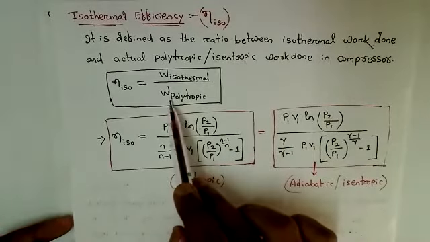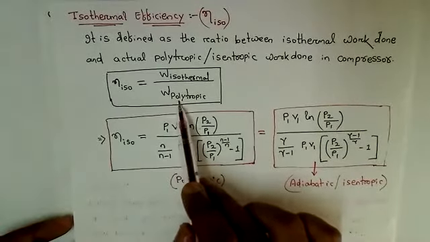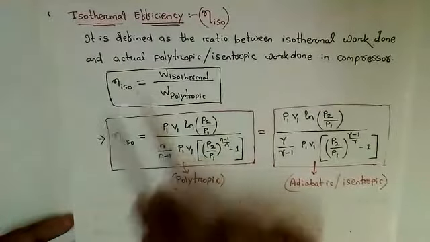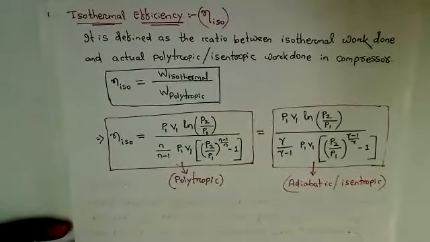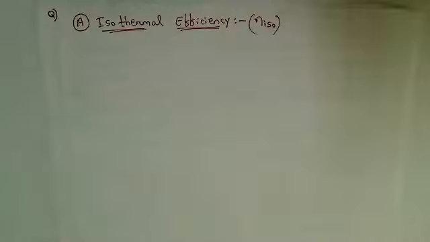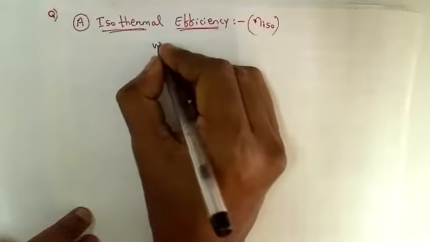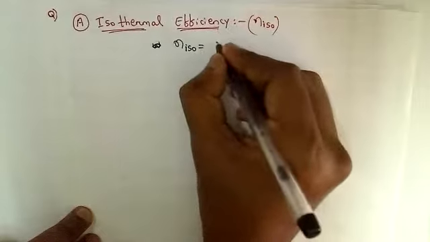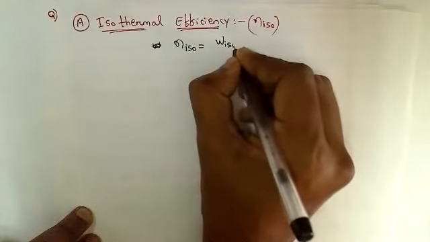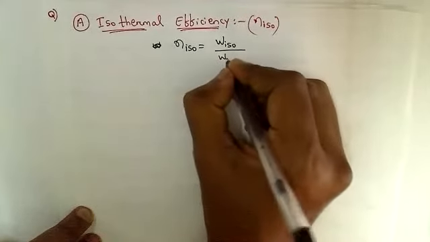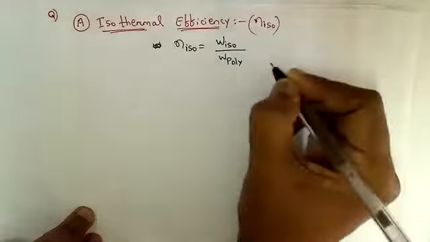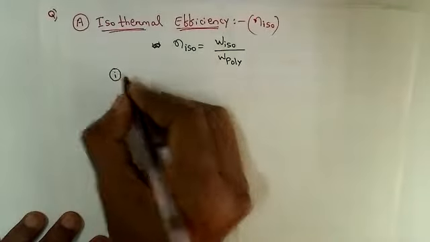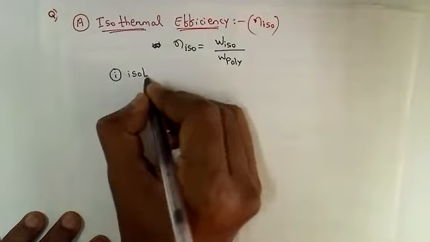Then we calculate the polytropic or isentropic work done by applying this formula. Then we take the ratio so that we get isothermal efficiency. So we write here: isothermal efficiency is equal to isothermal work done divided by polytropic work done.